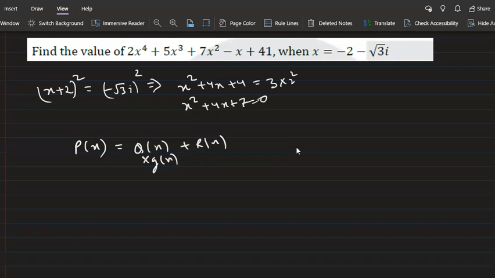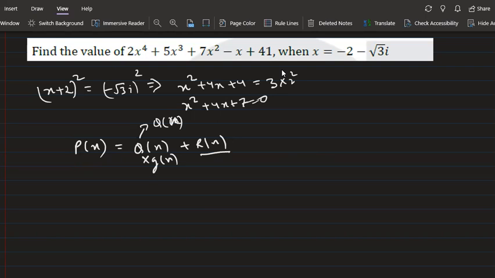But suppose q(x) is equal to 0, then this p(x) will be equal to r(x), which will be your remainder, and that will be the value of p(x), right? That's what we studied in the remainder theorem. Yes or no? Do you remember this?